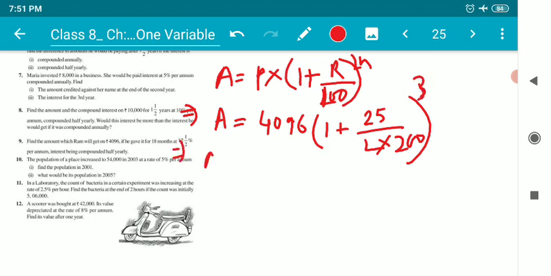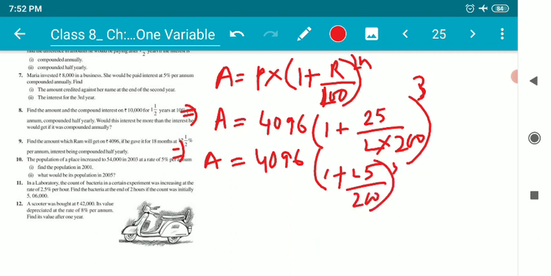So children, here amount is equal to 4096 into, we can reduce it, so I'll prefer to write 1 plus 25 by 200 whole to the power 3.